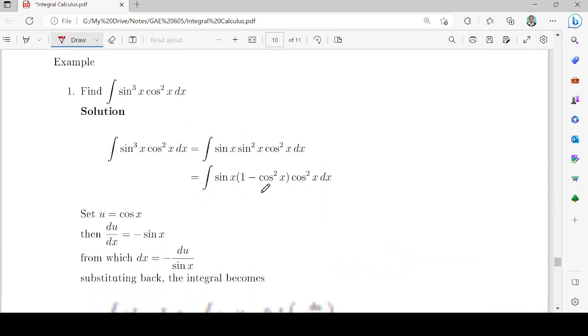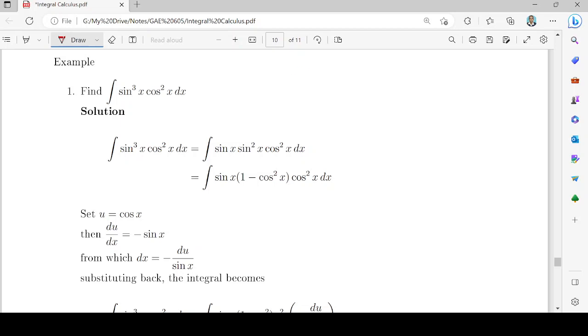Now, to avoid creating confusion, I'll just do an example. An example is easier to follow. So we consider the case where n is 3, m is 2. So the integral of sine of x raised to power 3 times cosine of x raised to power 2, we want to integrate with respect to x.